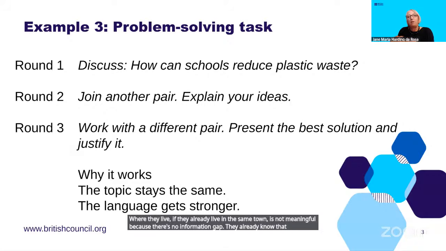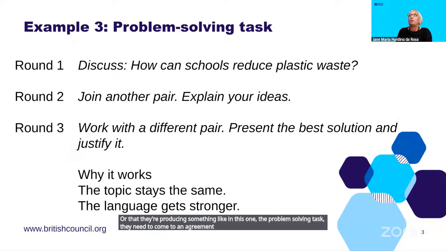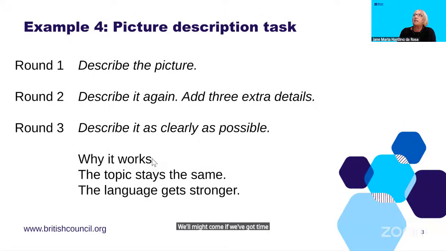So the meaningfulness comes when there's this information gap, or that they're producing something, like in this one, the problem solving task. They need to come to an agreement about something, how schools can reduce plastic waste. That's meaningful. We might come back to it if we've got time in the question and answers.